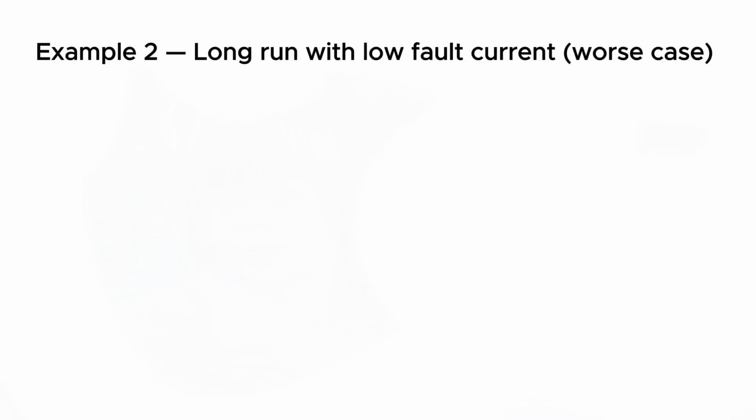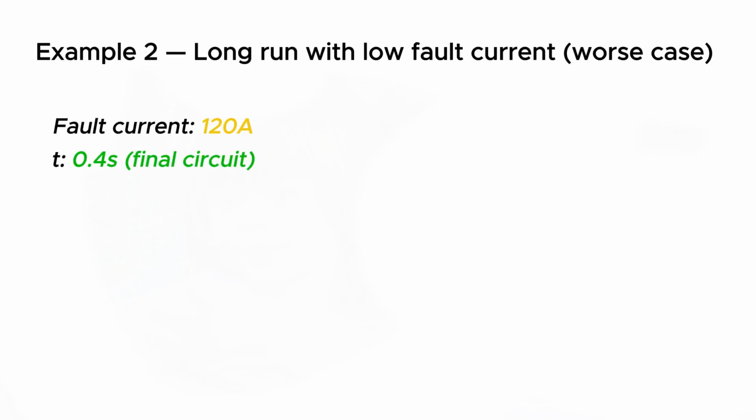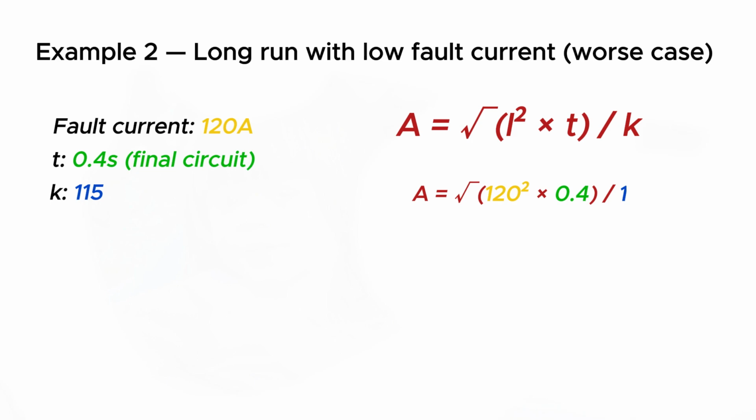Example 2. Long run with low fault current, worst case. Fault current 120 amps. T, 0.4 seconds, final circuit. K, 115. A equals the square root of 120 squared times 0.4 divided by 115.